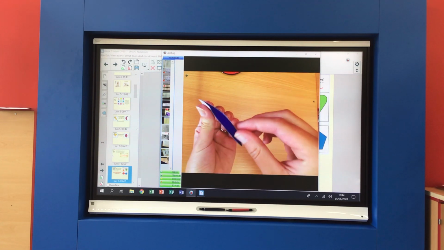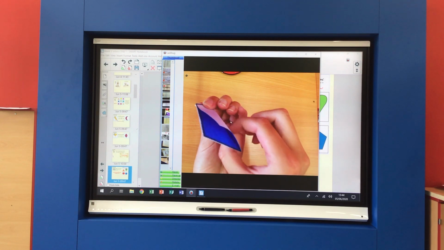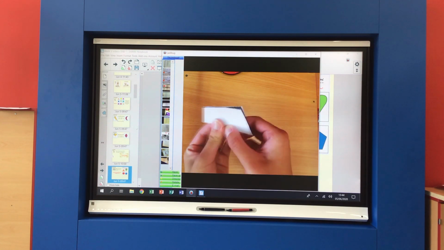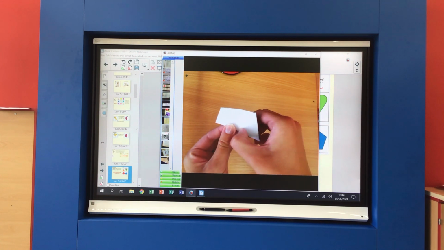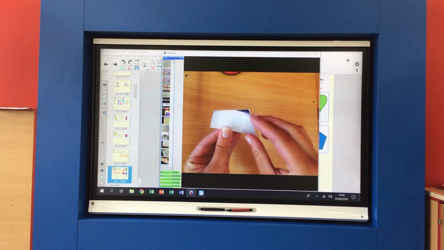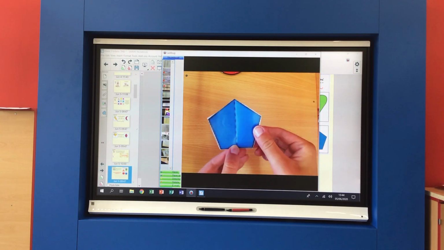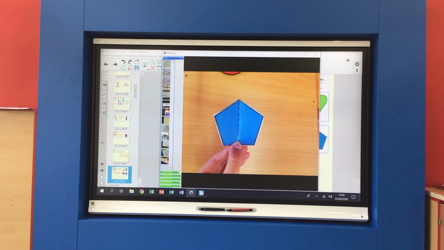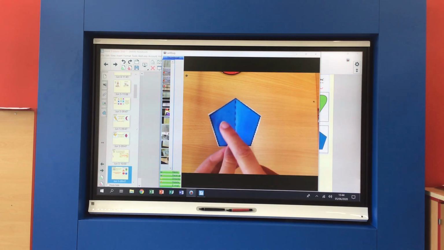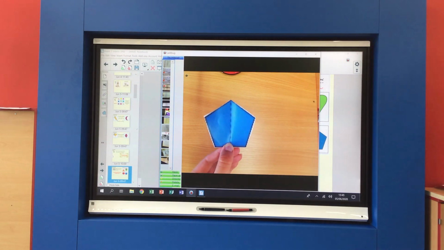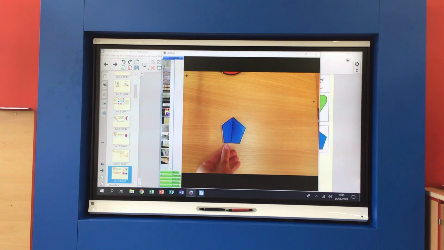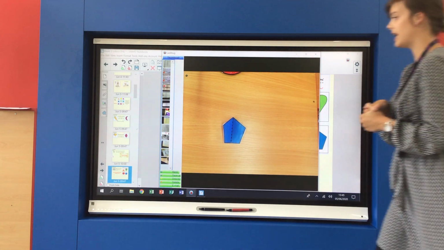I can have a look and see if I'm folding against that dotted line, that mirror line. I'm going to use my nails to make it a little bit more clear. But when I open it up, I can see that this line is in the centre and both sides are exactly the same. So I have found a vertical line of symmetry there.